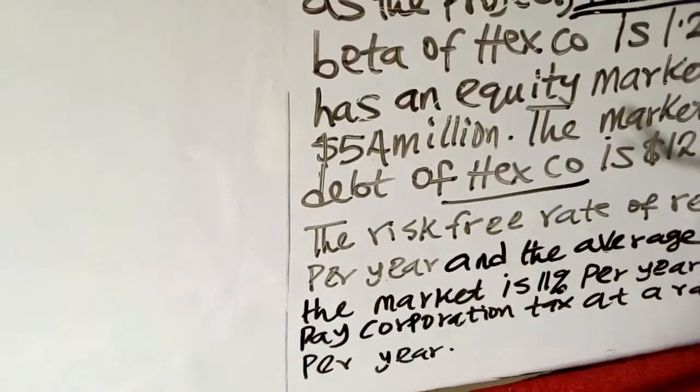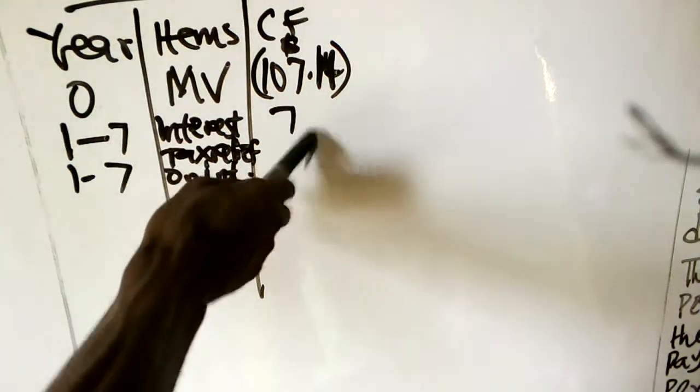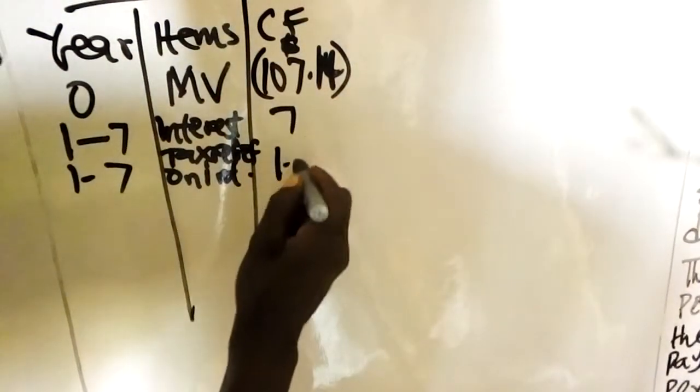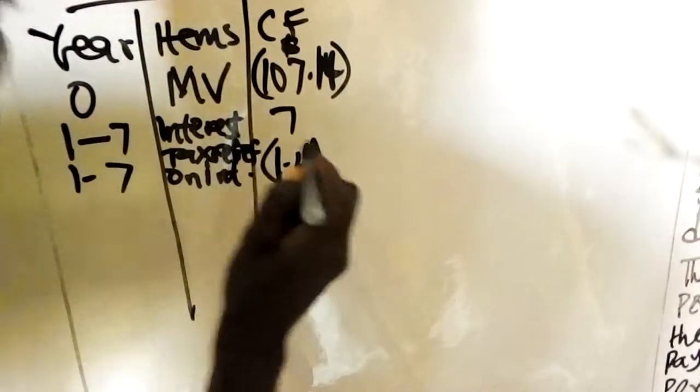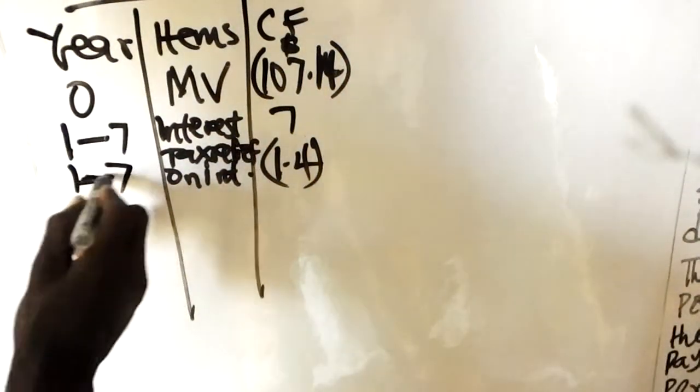So, to compute that tax, you calculate 20% of the interest rate. What is 20% of 7? That gives us 1.4. You treat that as an outflow, year 1 to 7.